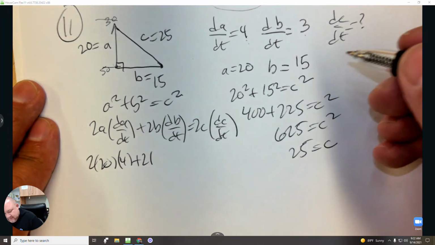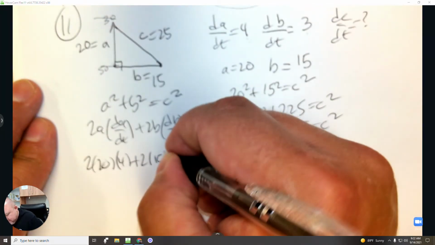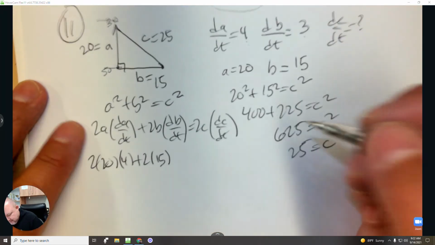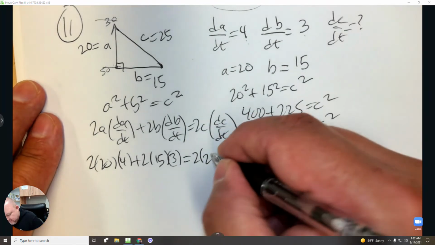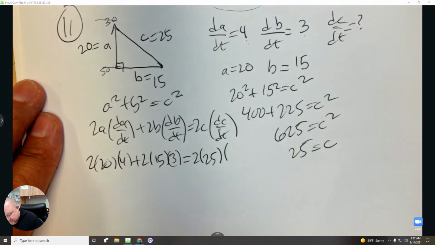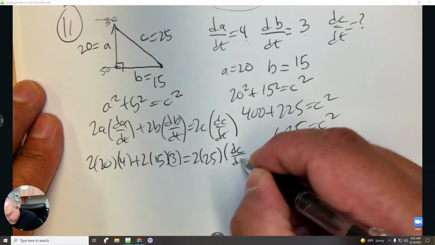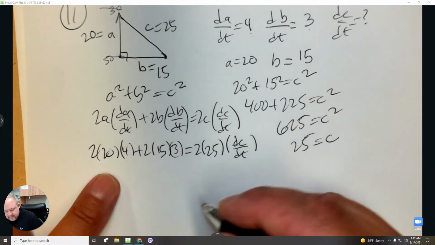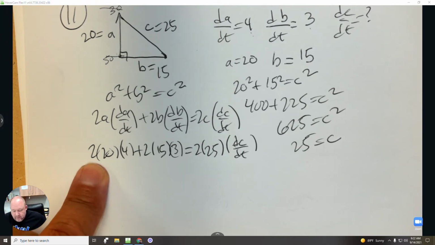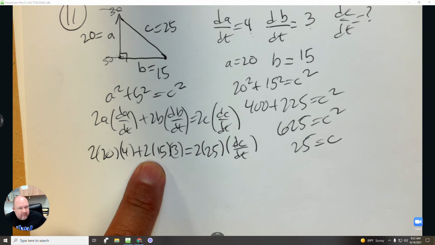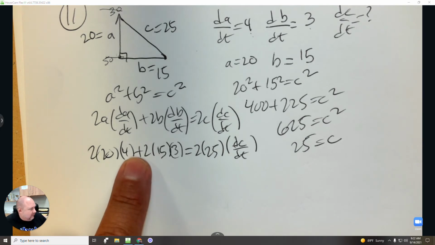We have B is what? 15, and the rate for B is 3. And then 25 for C, and the rate for C, that's what we're looking for. And that's what I'm going to solve. So if I solve this, 2 times 20 times 4, 2 times 15 times 3, add them together.